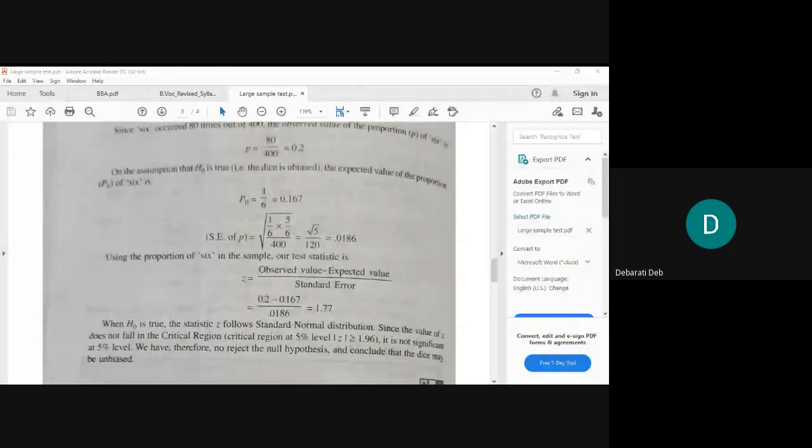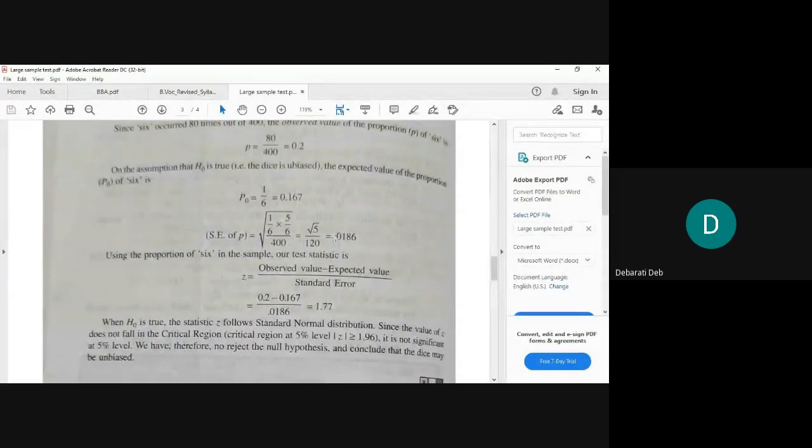Sheetal is present today. Sheetal. Sheetal not present. Okay, are you getting this value? 0.0186. Have you got this value? Check whether it is correct or not. Yes, tell me.